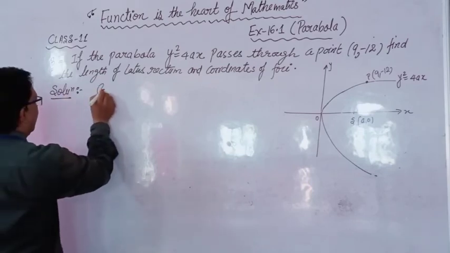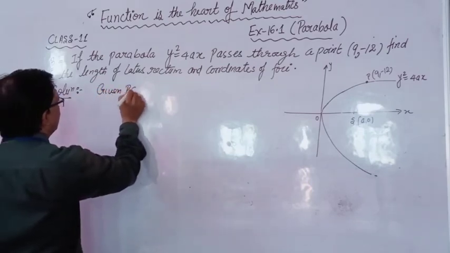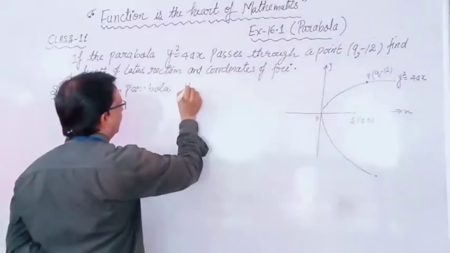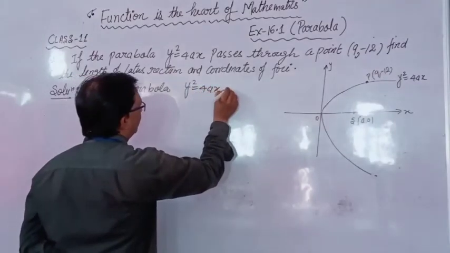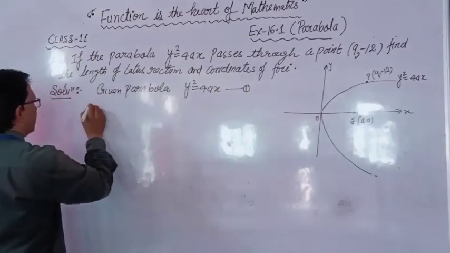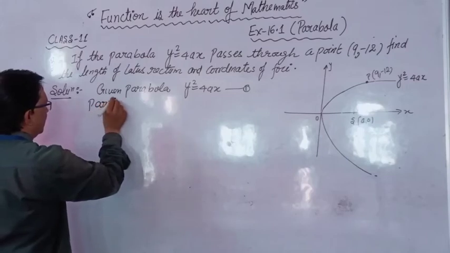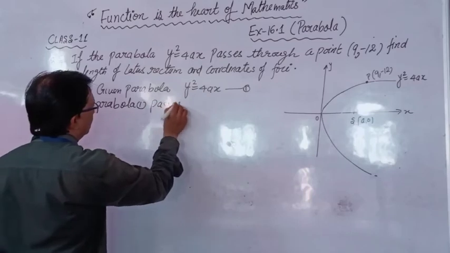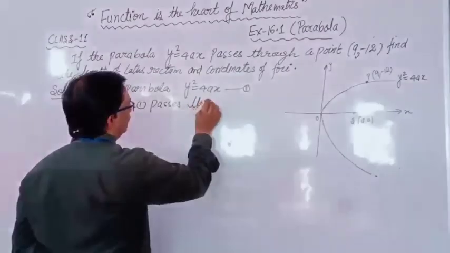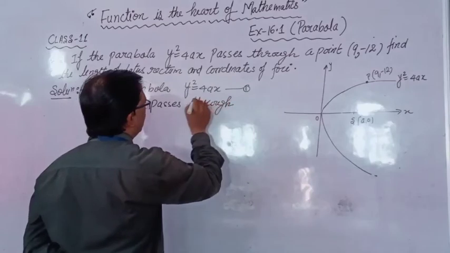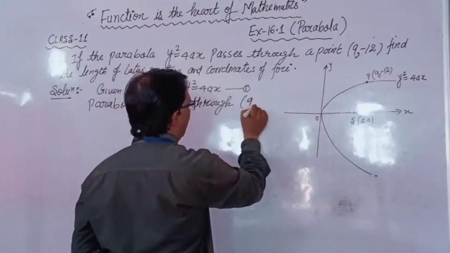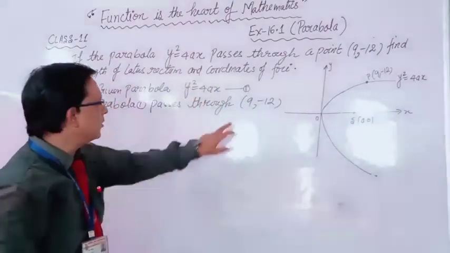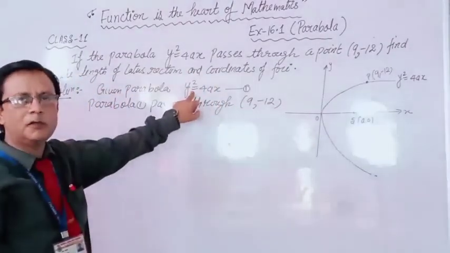Given parabola, y square is equal to 4ax and the parabola passes through 9, minus 12. Parabola passes through this point, it means this point satisfies the equation of the parabola.